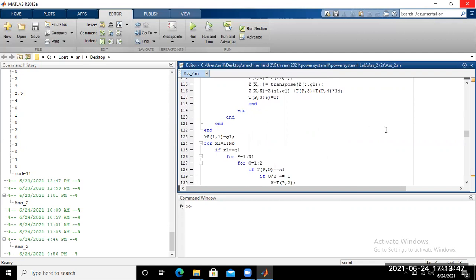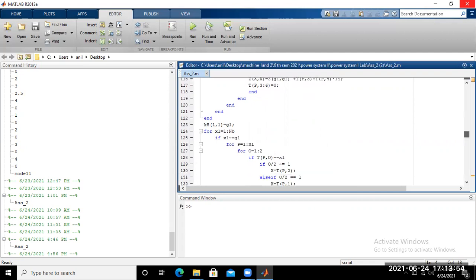Okay, next k5 equal to k5 1 comma 1 equal to g1 for x1 equal to 1, that means number of bus.